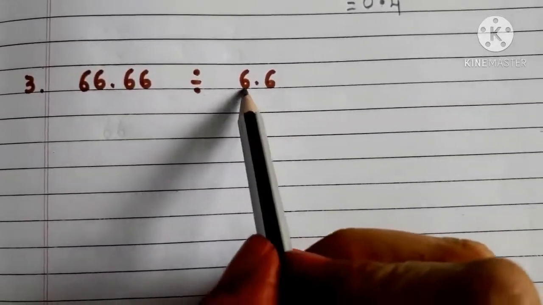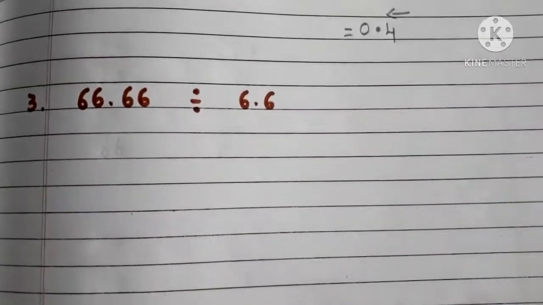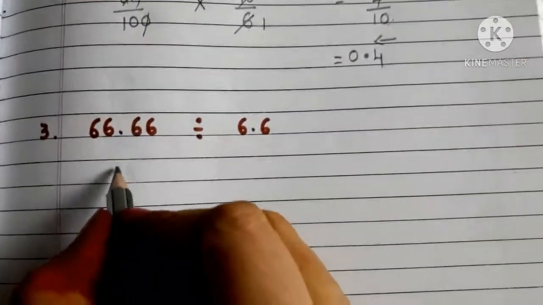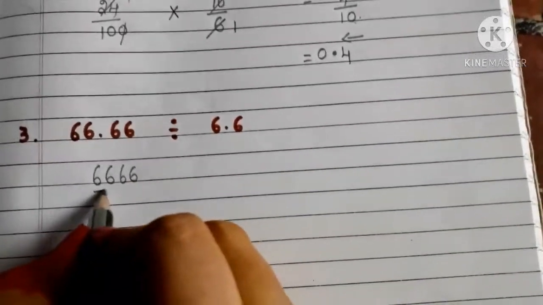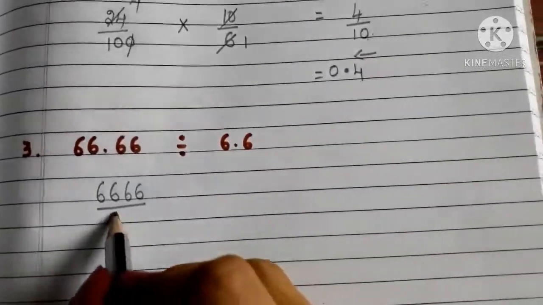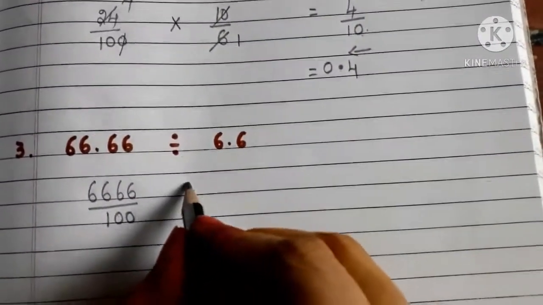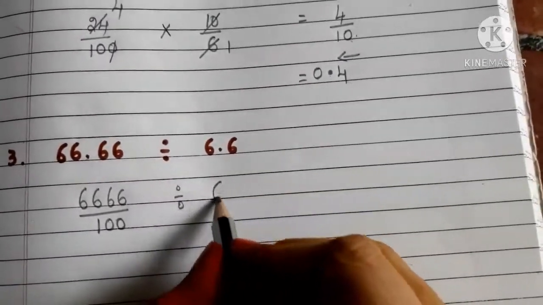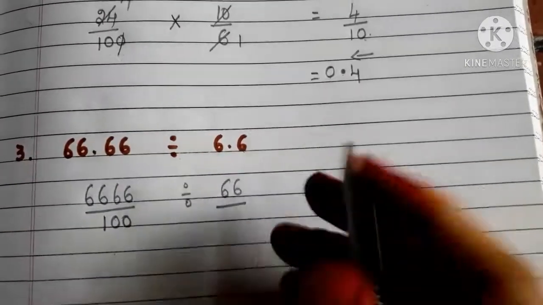66.66 divided by 6.6. First, convert the given decimals into fractions. Write the number here. 6666 by decimal point after 2 digits are there, right? So in the denominator we need to write 100. Okay. Divided by 66 by decimal point after only one digit is there.